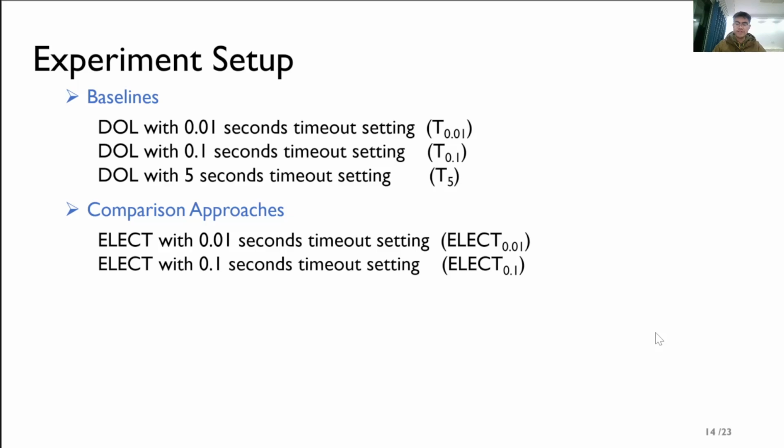For example, if ELECT chooses the 0.1 seconds timer setting, ELECT would wait for the executable to run for 0.1 seconds. If the executable has not finished running, ELECT will obtain its coverage at the current state, and then find out whether it is a LET program or not by coverage.